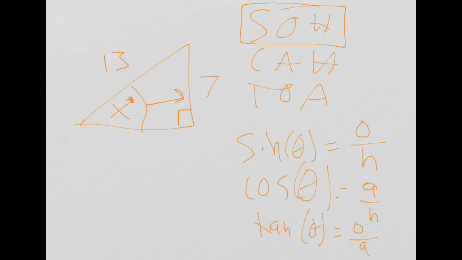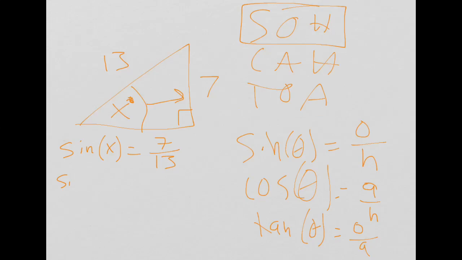So we can set up the relationship: sine of angle x equals the opposite, which is 7, divided by the hypotenuse, which is 13. Problem is, we want to know x, and it is stuck inside that trigonometric function right now. So we use the mathematical undoer, which is inverse operations.